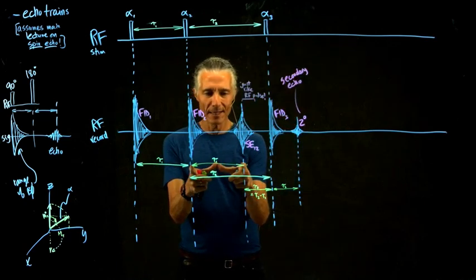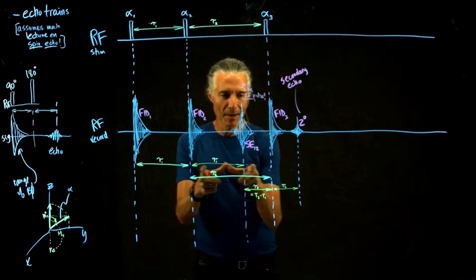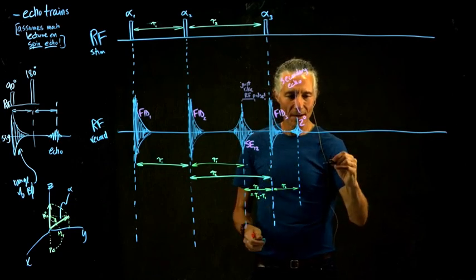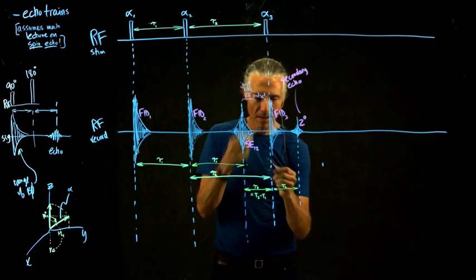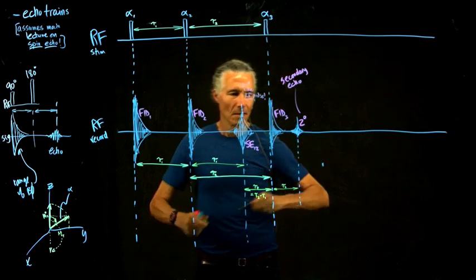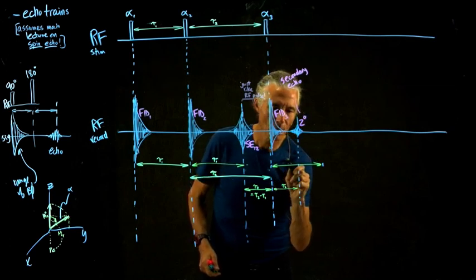So let's take this tau 1, and so here's tau 1 after this one. So it's right here. This guy is tau 1 amount of time.